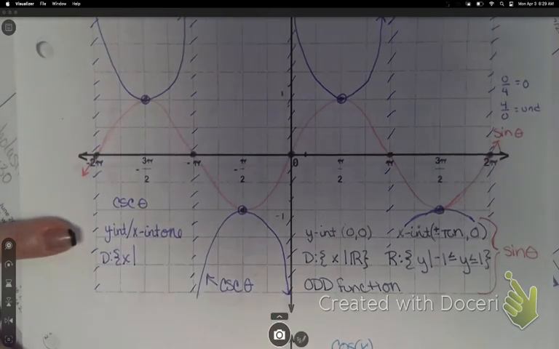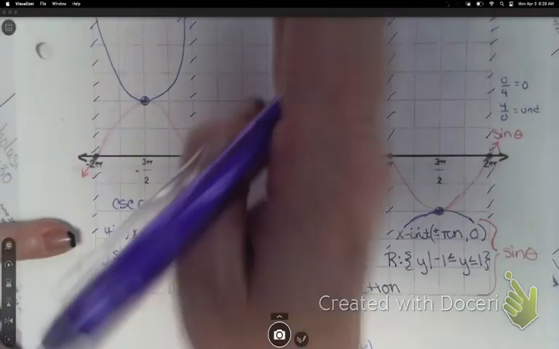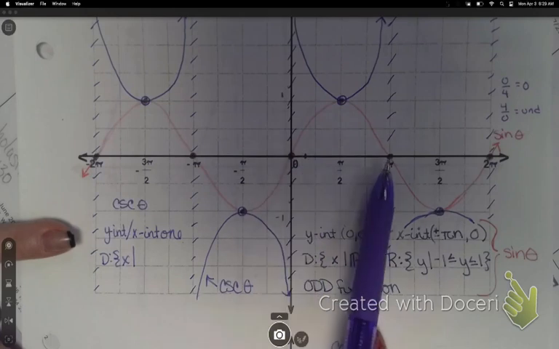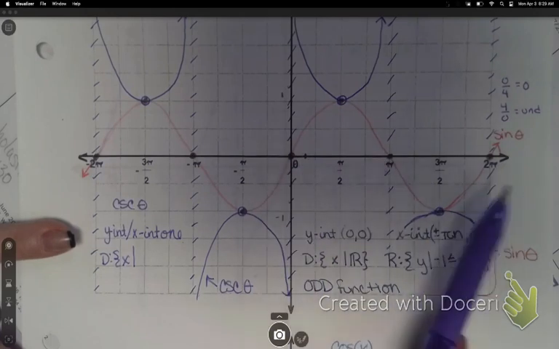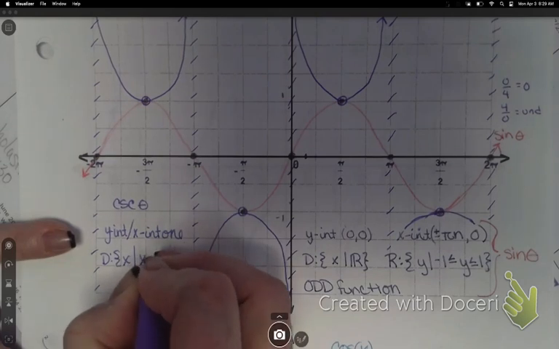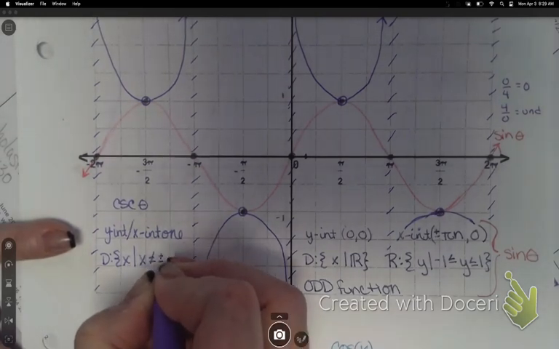It can't have any of the asymptotes in it, right? So where are those asymptotes? Pi, 2 pi, 3 pi, 4 pi, 5 pi, all the whole pi's. So how did we do that? We just said plus or minus pi n. So x cannot equal plus or minus pi n.